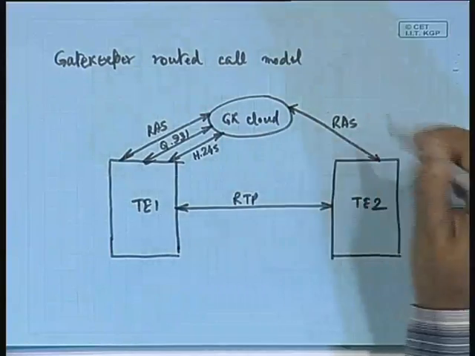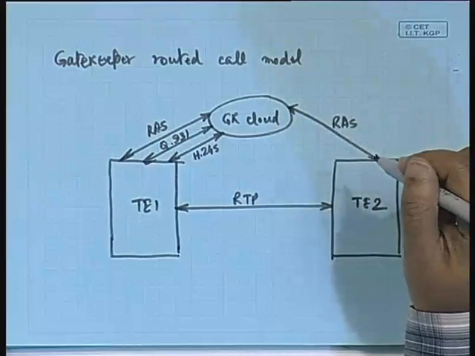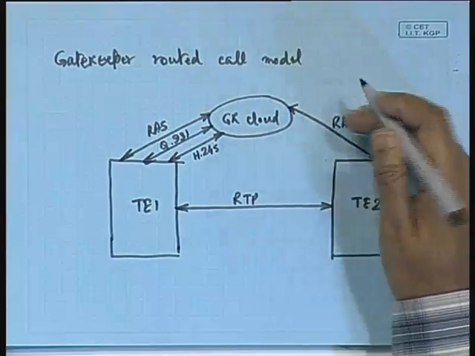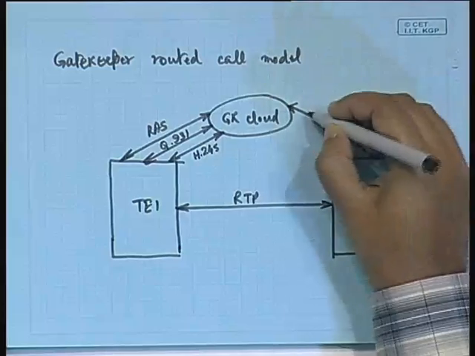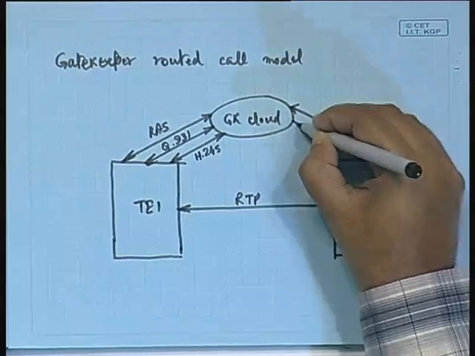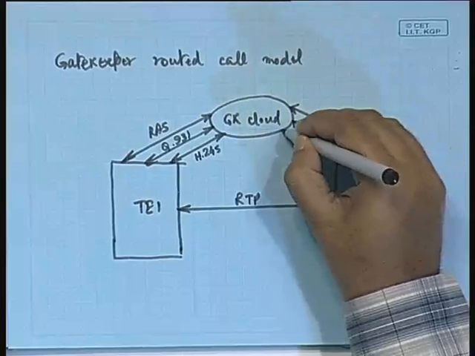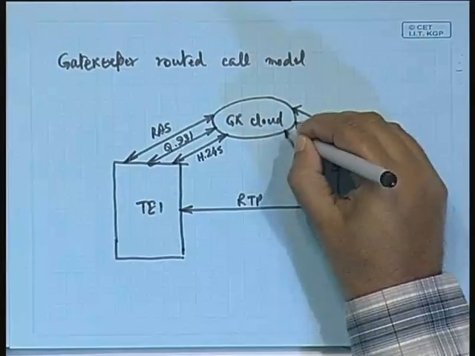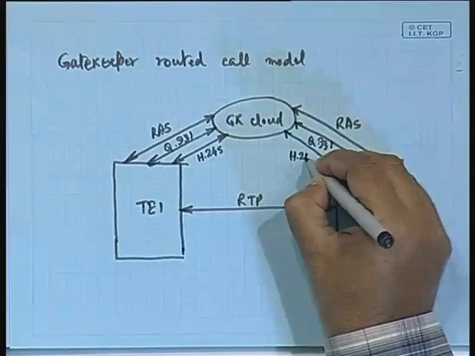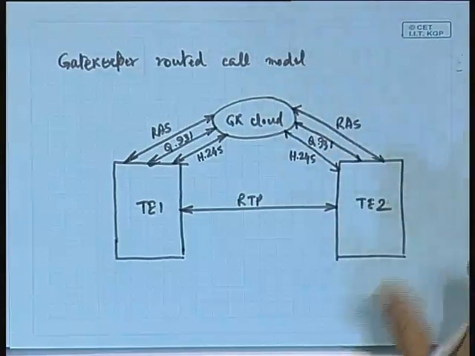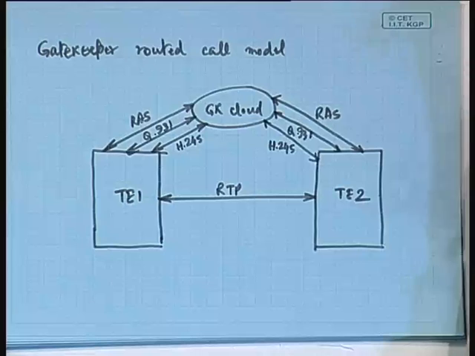So, it is gatekeeper to gatekeeper, and again there may be involvement of more than 2 gatekeepers also. So, in effect it is a gatekeeper cloud. The gatekeeper to which TE1 is connected and the gatekeeper to which TE2 is connected is not the same, but we are showing the block as a GK cloud. And RAS, we have the Q.931 and this is the H.245. So, this will be the gatekeeper routed control model.